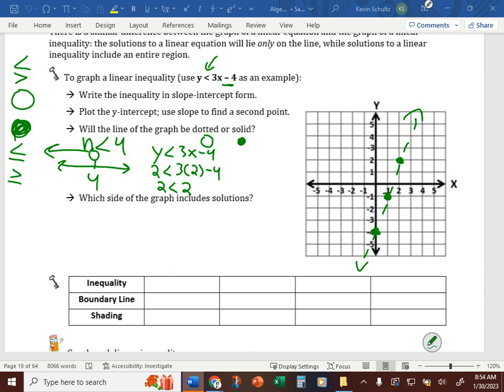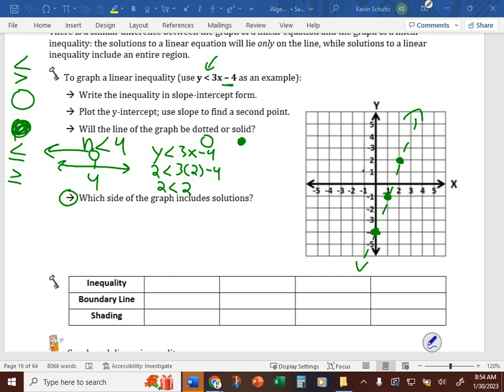Okay? In this case, we get to shade one entire side of this linear inequality to show where the ordered pairs are going to work. So, Caitlin, pick an ordered pair that is elsewhere, not on the line.